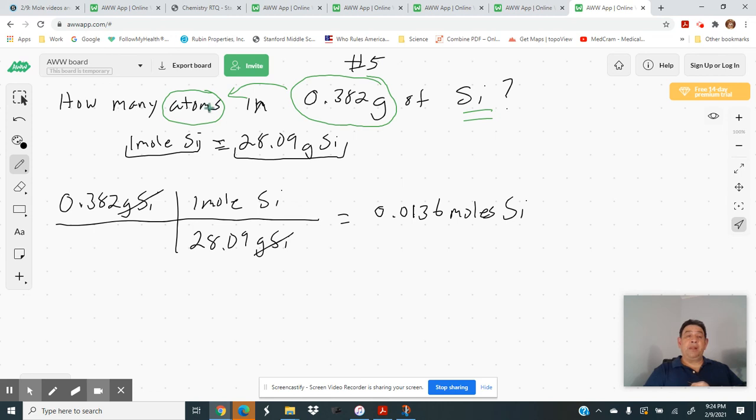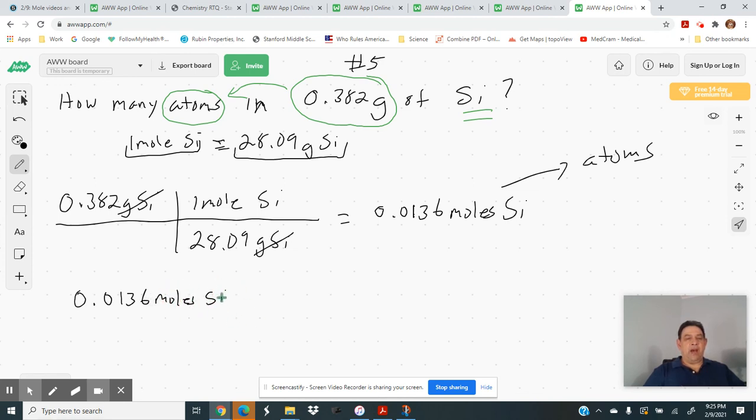Our problem asks for atoms. We've got to turn moles now into atoms. So I'm going to rewrite my given here. Although I could have just continued on this side, I decided to write it all out here so you can see it. Normally, if I just had a piece of paper, I would have continued on this side. That's one of the reasons I like this method.